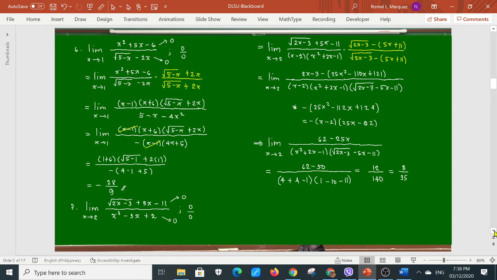Negative 20, because this is negative 21. So negative 20 times 7, negative 140. Negative. Okay. Negative 140. So negative 3 over 35. Okay na, guys?